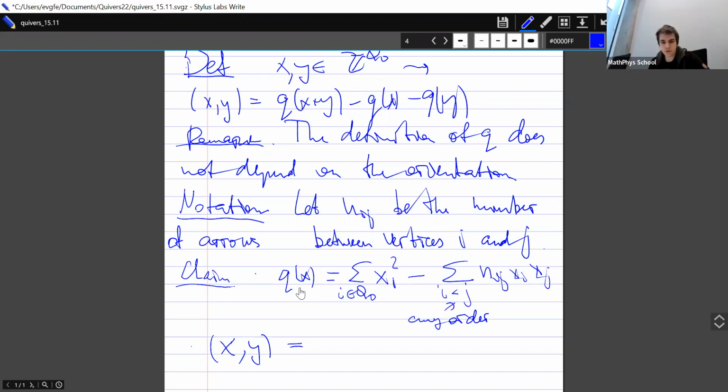Maybe it should be something like the second term in q. Well, but it should depend on both x and y. Yes, we should take the sum over all pairs and change x_j by y_j, say. Well, this is close, but it's just a guess. I suppose it should be 2 x_i y_i in the first sum.